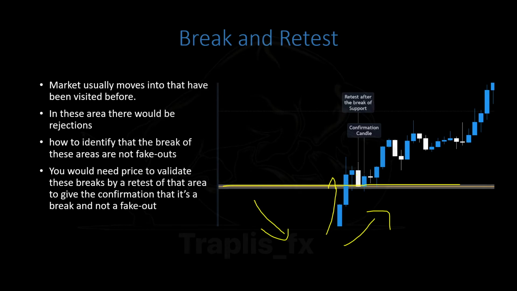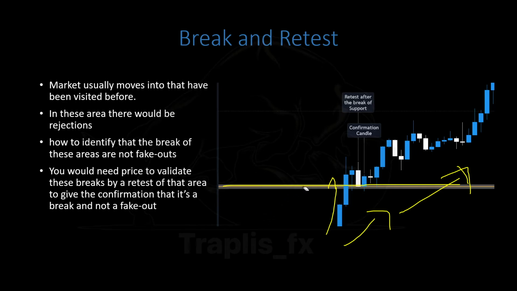We had a wick, and then we had a bearish candle, so that tells us yes, this is the confirmation. And then this candle again is another confirmation, tells us I'm not closing below, I'm closing above, because we want to keep going above. From there you can take a trade anywhere you want, it's up to you, and you just follow the trend. The trend is up, you take buys, that's it.